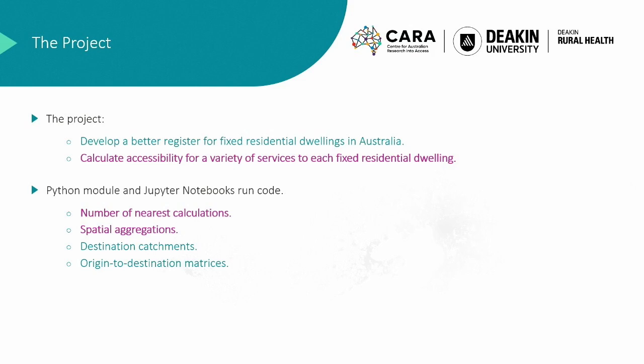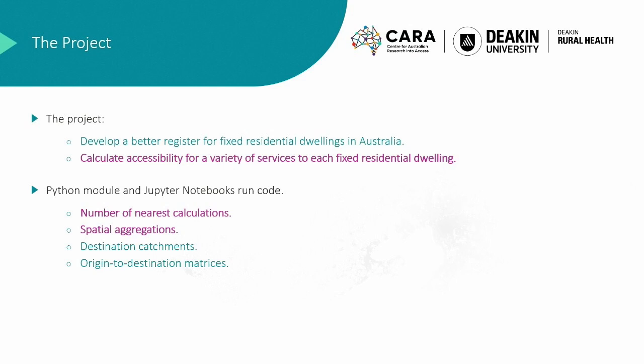So we've built a Python module and then used Jupyter Notebooks to run all of the different code, and the main calculation that we do is nearest calculations. This can be to the nearest or however many nearest a user wants to specify, so from each origin to a number of nearest destinations for a particular data set.